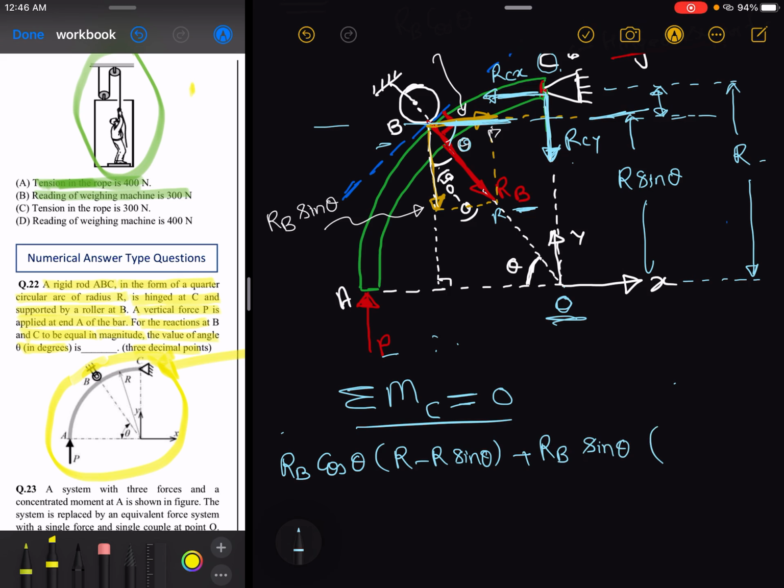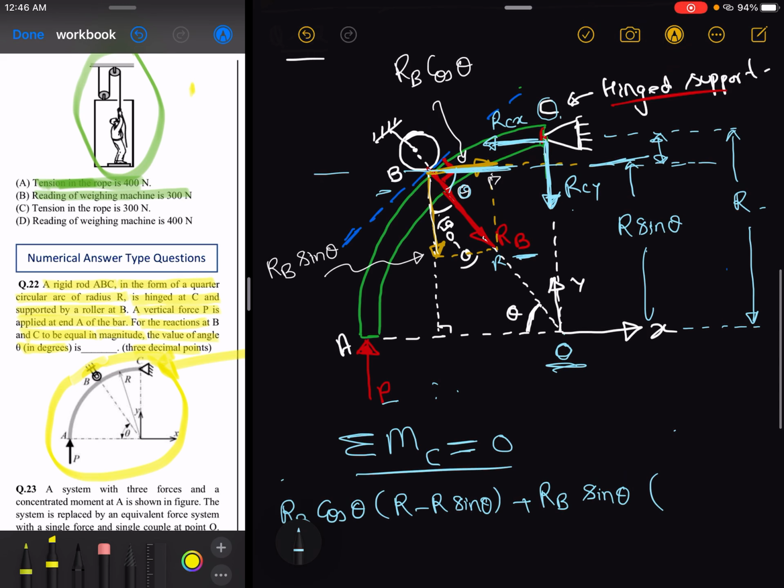So if you observe this RB sin theta, the distance of the line of action of RB sin theta from point C is nothing but this distance, and this distance is equal to R cos theta. So I am writing this as R cos theta.